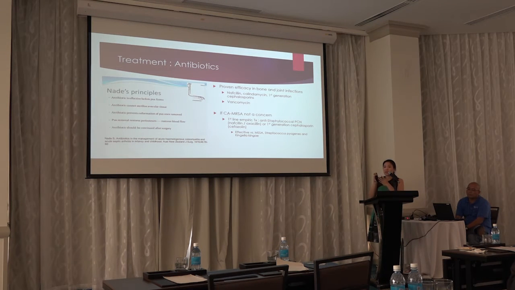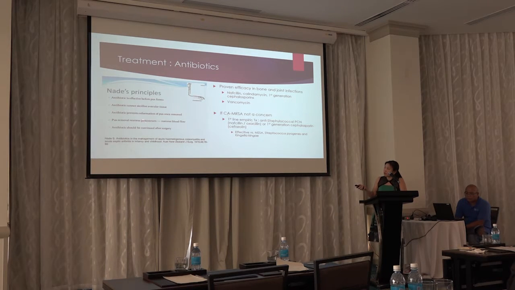So the treatment is mainly two-pronged: antibiotics and surgery. I found this really nice slide, which I should share when I give a talk to the surgeons. Antibiotics are only effective before pus forms. Antibiotics will not sterilize dead tissue. Antibiotics prevent the formation of pus once it's removed, and antibiotics are needed after surgery.